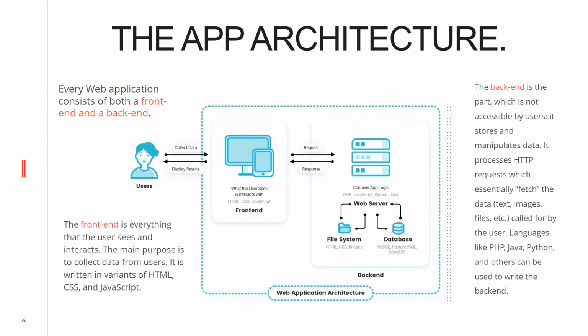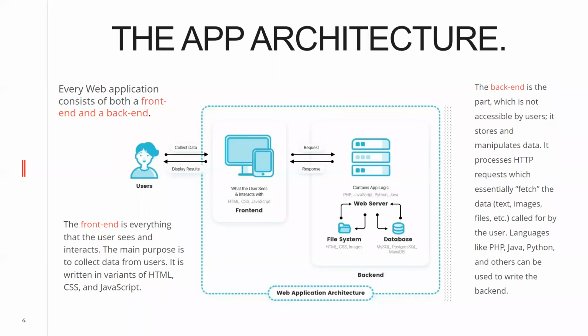When the user interacts with the front end, it collects the information from the user, whether that is when you are filling the form, it collects your details, or you are looking for something, it collects what exactly you're looking for, and that will be sent to your backend as a request.